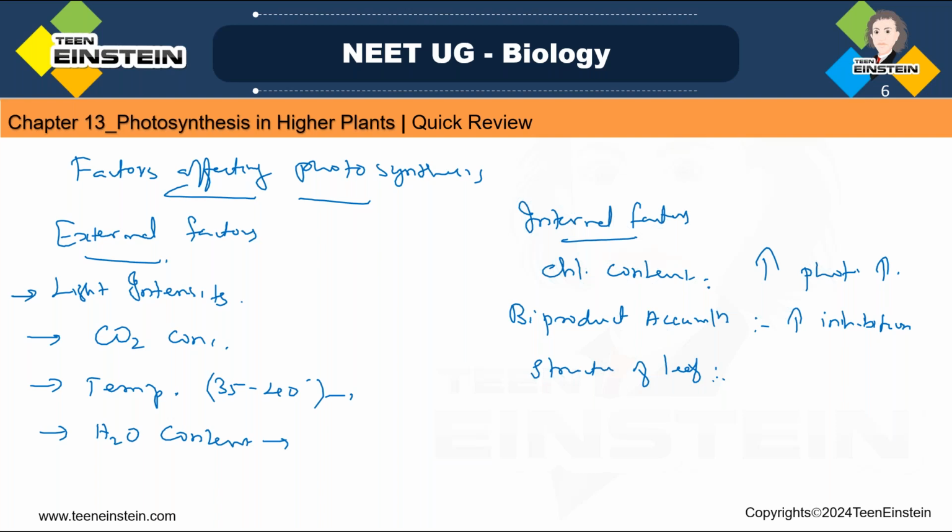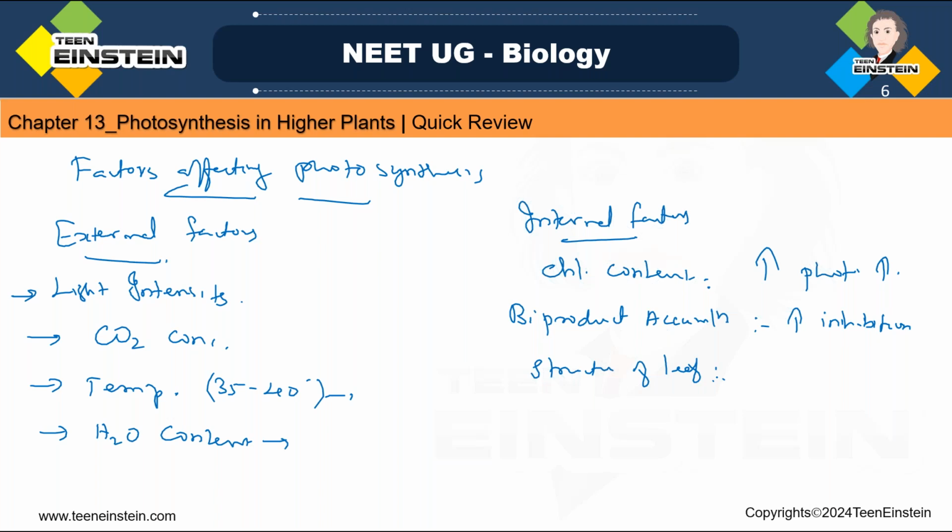There are multiple factors which affect the rate of photosynthesis, and the internal structure of the leaf also matters, right? It also affects the rate of photosynthesis, but how exactly it is affecting is not yet known. But it is also affecting the photosynthetic rate.